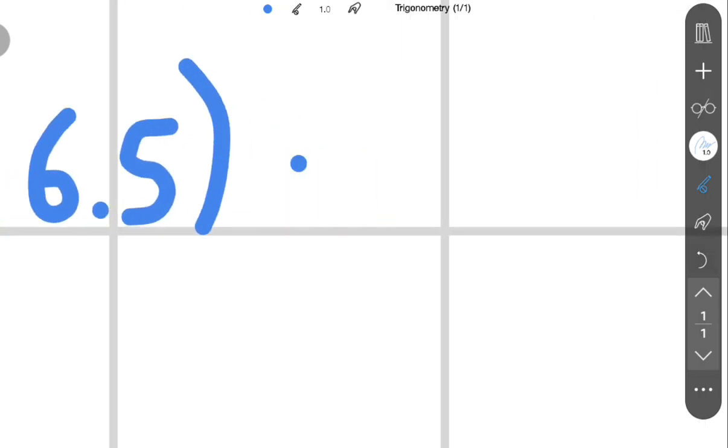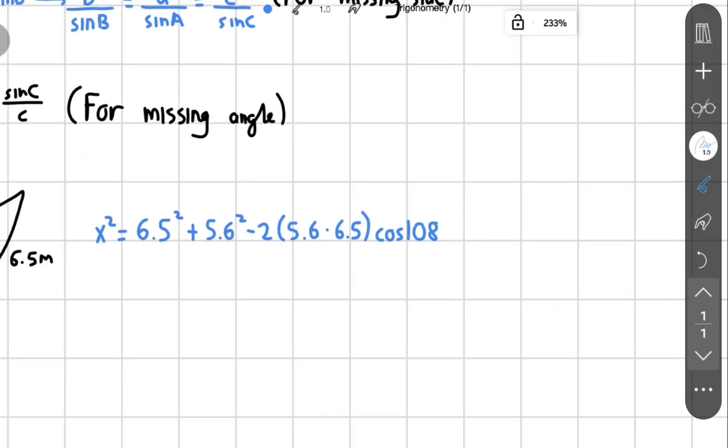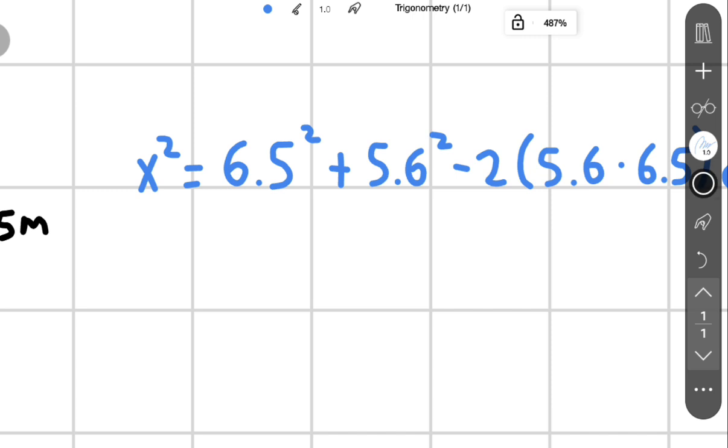Oh, cosine 108. And you could obviously just put all of this under the square root.